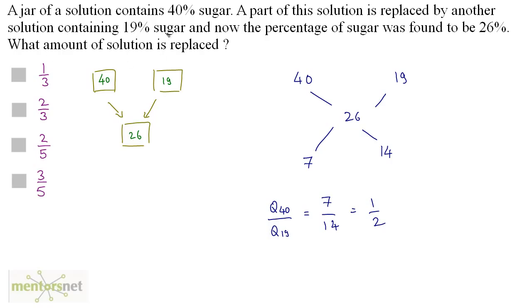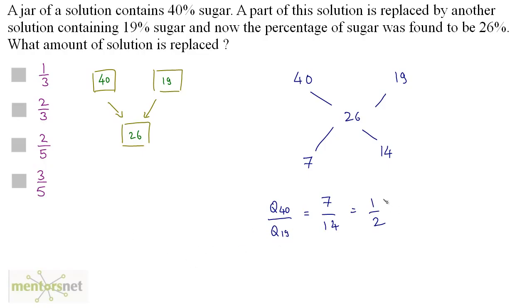Now what amount of solution is replaced? The amount of solution that is replaced from the 40% sugar solution is the amount of solution which is added, right? And which solution is added? The solution which contains 19% sugar is added. So what we want is what part of the 19% sugar solution is added.